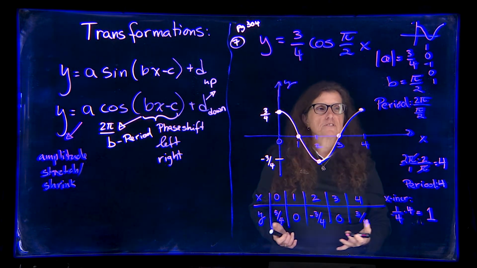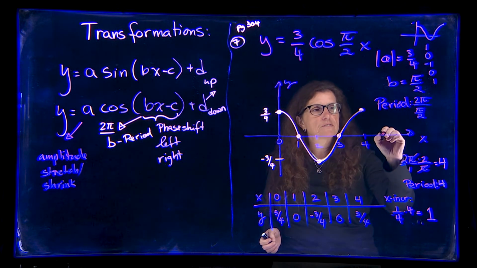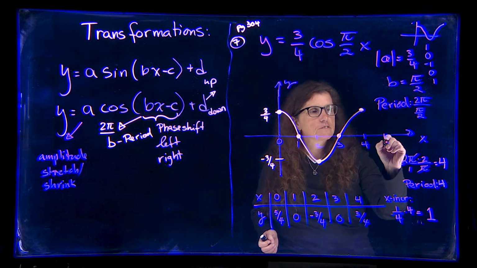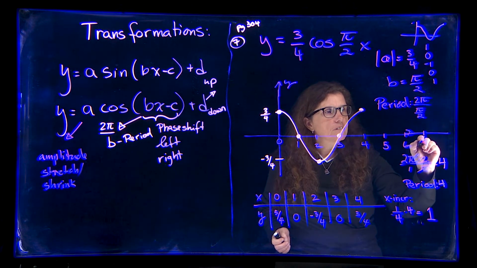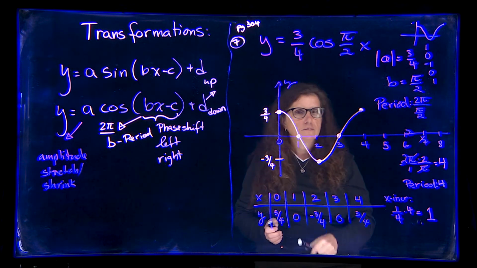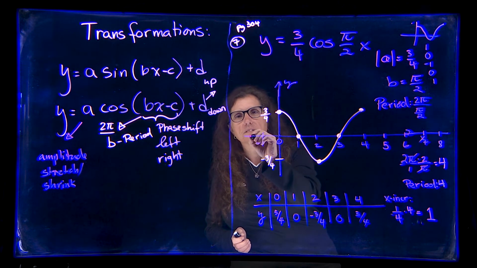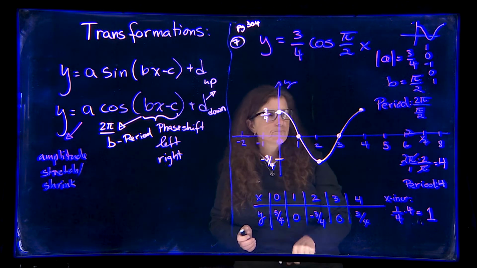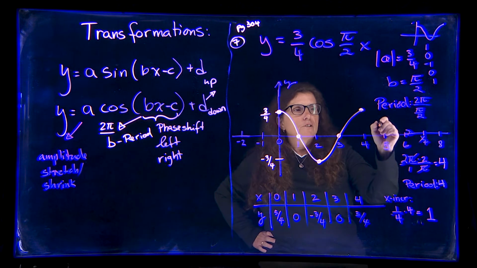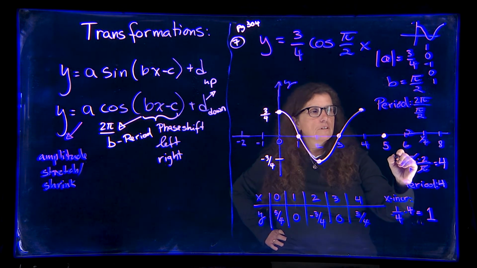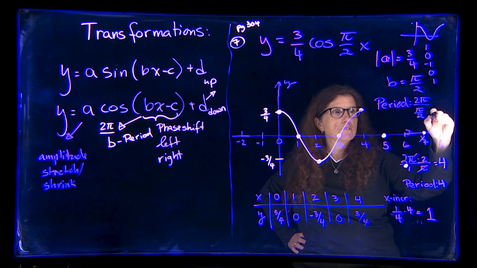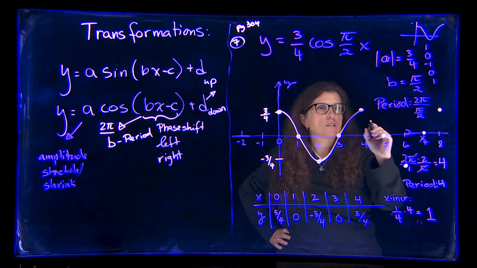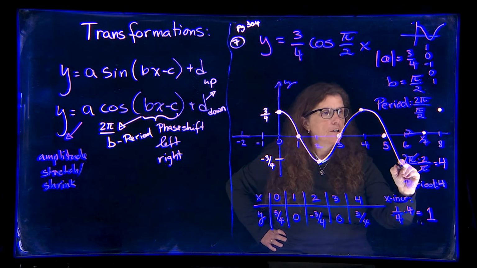Now, if the book says to draw 2 periods, well, my increments are 1, so 5, 6, 7, and 8. I can also go to the left, negative 1, negative 2. So we go back to 0, then we go back to negative 3/4, back to 0, and back up to positive 3/4.